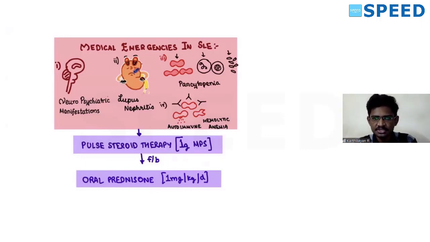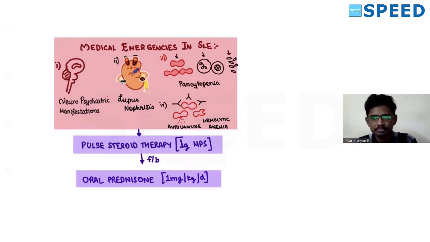Next, the fourth indication is autoimmune hemolytic anemia, which we discussed already. What is the characteristic change there? Direct Coombs test will be positive, and the patient will have anemia and hemolysis features. So the patients will have increased unconjugated bilirubin, and LDH from the RBCs will be raised in the circulation.